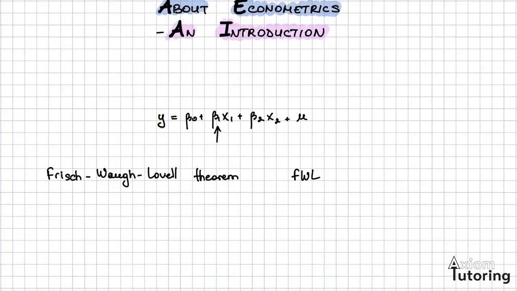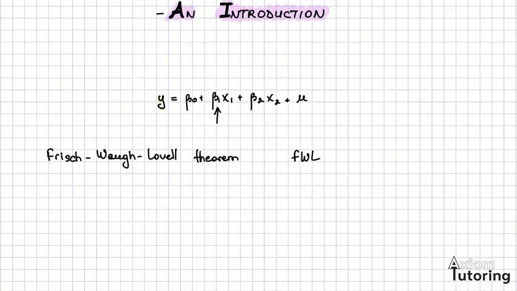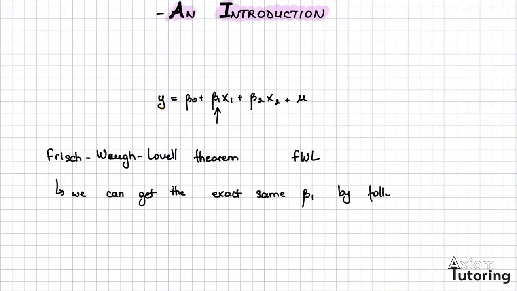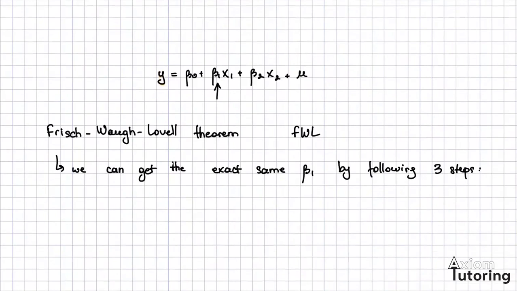What the FWL claims is that we can get the exact same beta 1 by following 3 steps, which unsurprisingly you've already seen in the intuition video.